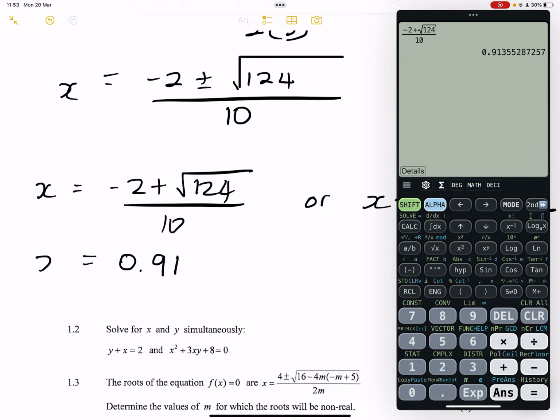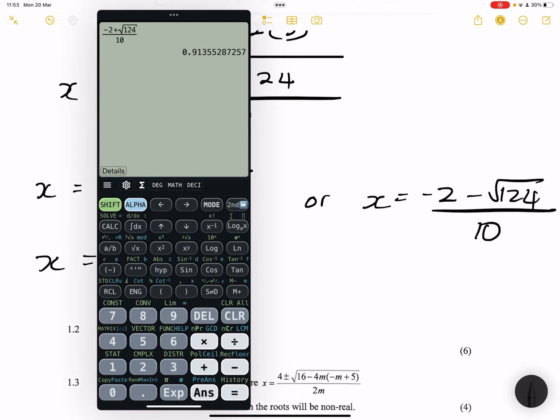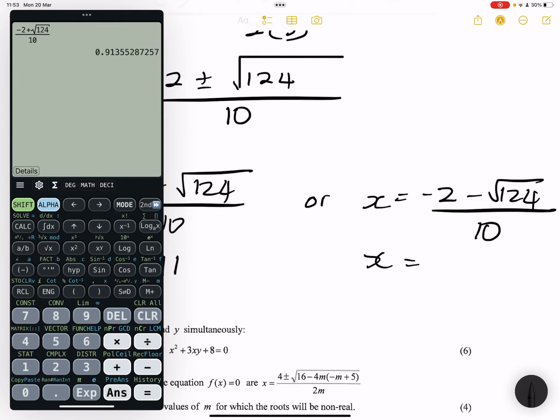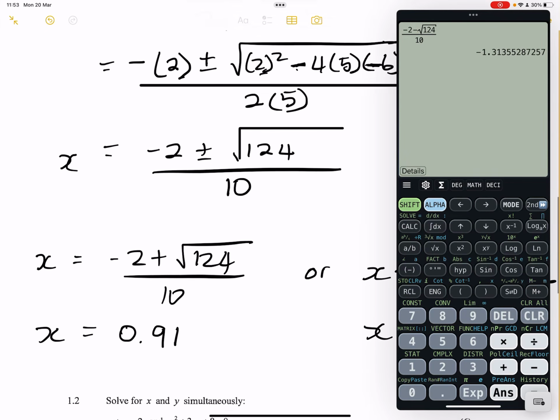Please confirm that for me. Remember they said to 2 decimal places. And we're going to do the same, so that's minus 2. So all I'm going to do is just change that to a minus. So I get negative 1.31. And so that is my other solution.